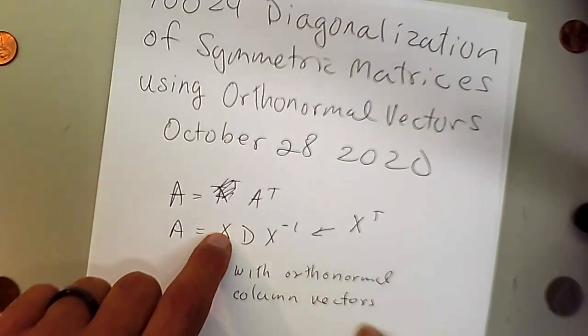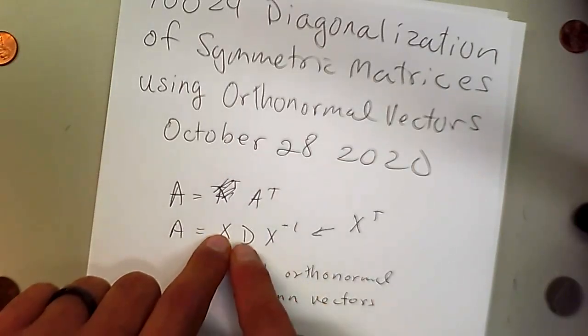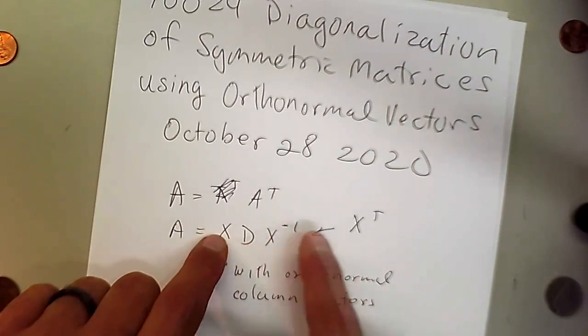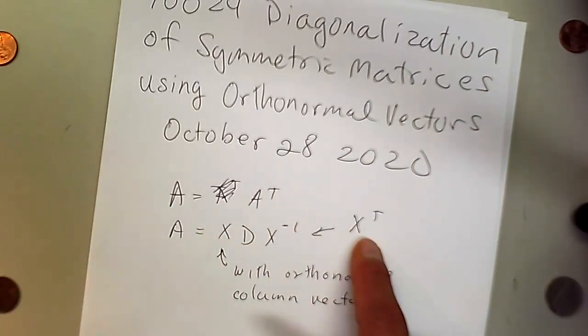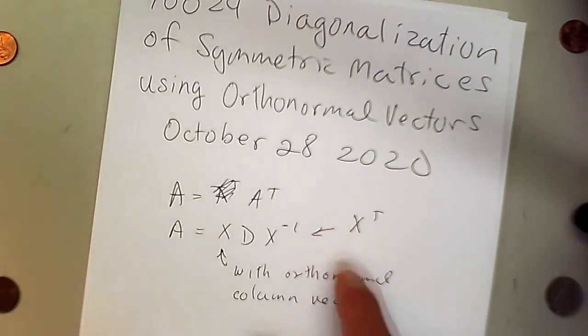They're going to be orthogonal. So we just want to make sure they are orthonormal, and that the inverse is going to be the same as the transpose.